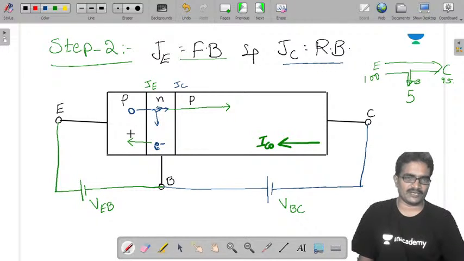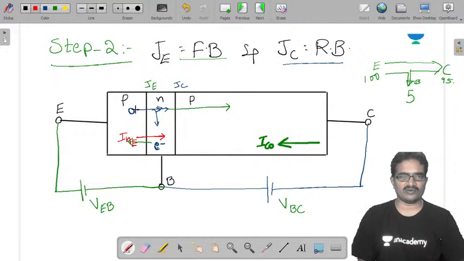Electrons are moving from N to P. Now there is a current from P to N due to this movement. Let us take it as INE. Now holes are moving from P to N. Now the current is IPE.